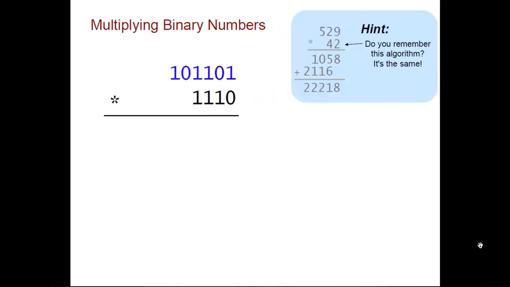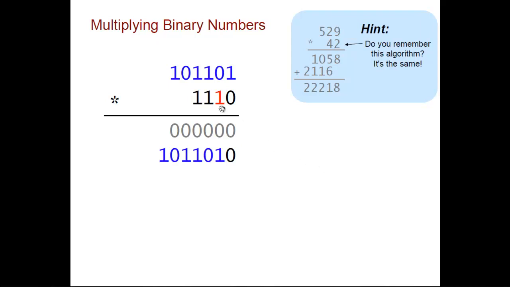To multiply two binary numbers, we're again going to take an approach that is analogous to what we would do for decimal numbers. So first, we're going to take the rightmost digit of the second number and multiply it. And in this case, because it's a 0, we're going to get all zeros. Then the next digit, which is a 1, gets multiplied.